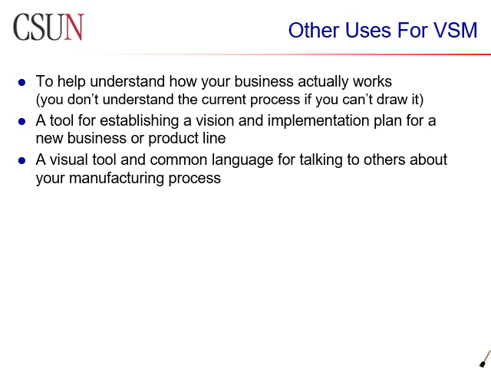Other uses for the value stream map include to help understand how your business actually works. You don't understand the current process if you can't draw it. There was a scholar, his name is Deming, I think. He said, draw a flowchart for anything you're doing. Until you do that, you don't really understand what you're doing.